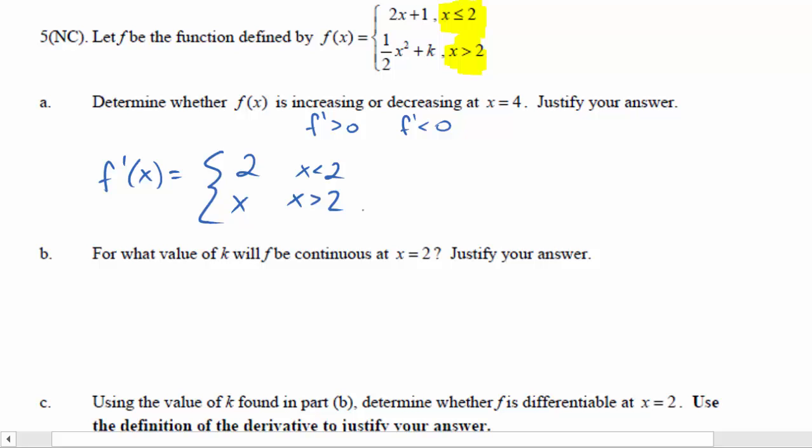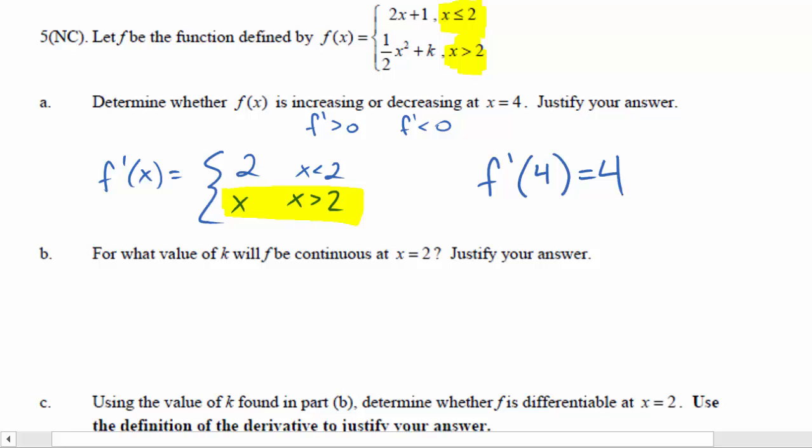So now it says determine whether f of x is increasing or decreasing at x equals 4. The only function I'm using is x, where x is greater than 2. To denote it, make sure you write f prime of 4 is equal to 4.